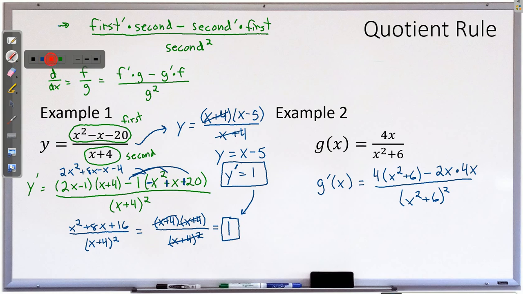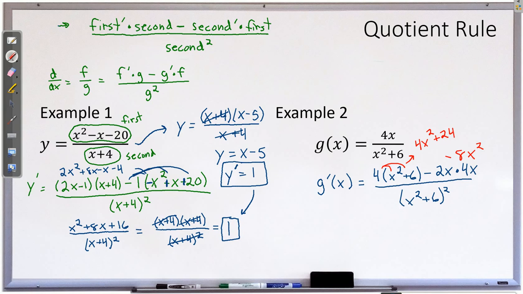Now, is there anything we can do to simplify this? Distribute the 4, that becomes negative 8x squared. So over here, trying to save some space, we get 4x squared plus 24.